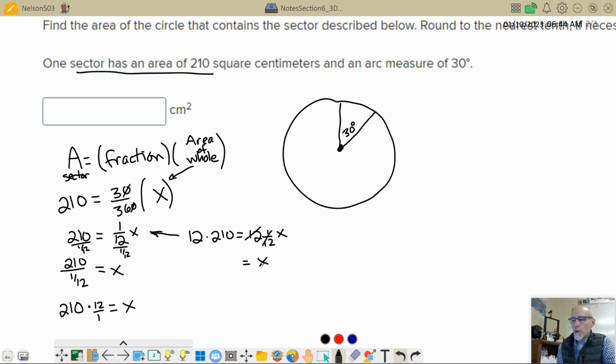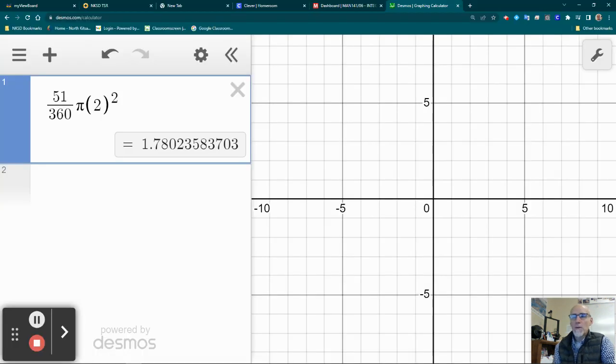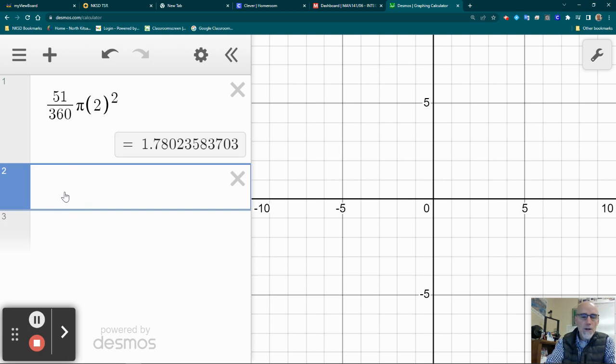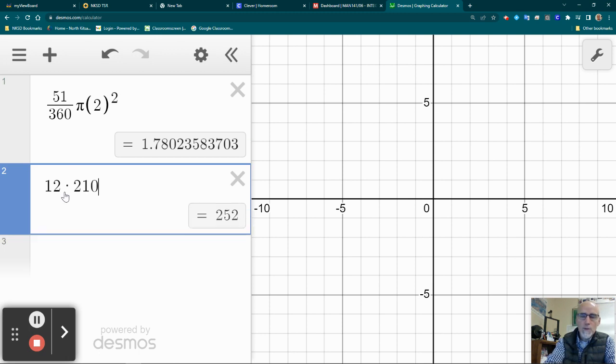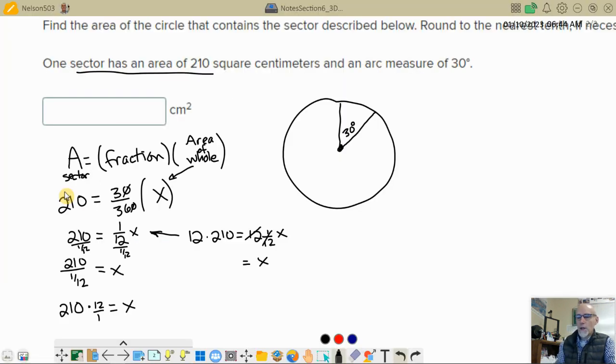So that's really what I want. And 12 times 210 gives me 2520. So the area of the whole circle is 2520 square centimeters.